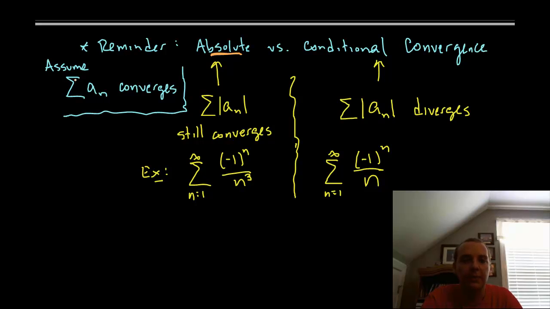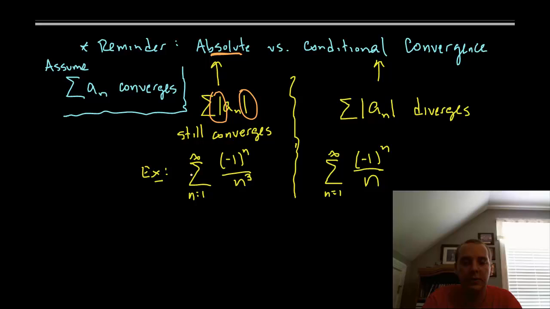Because sometimes a series will converge, but only because it has alternating terms, positive and negative, and the negatives and the positives cancel out so much you do get convergence, but only with the help of it alternating signs. So by taking absolute values, you basically take the help away from it. So if it converges absolutely, it's a very strong type of convergence.